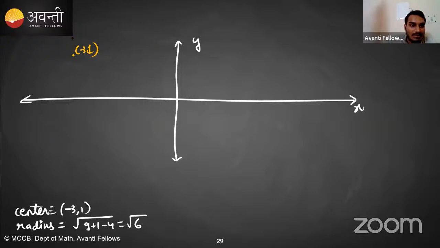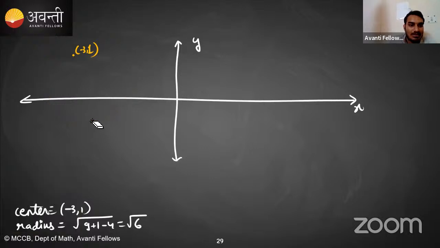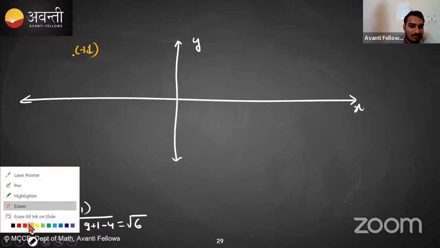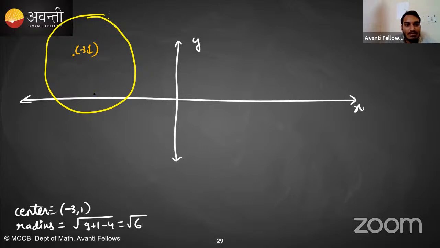So maybe the circle is somewhere like this. I'm just giving you the rough idea. Is this clear? Okay, it is clear.